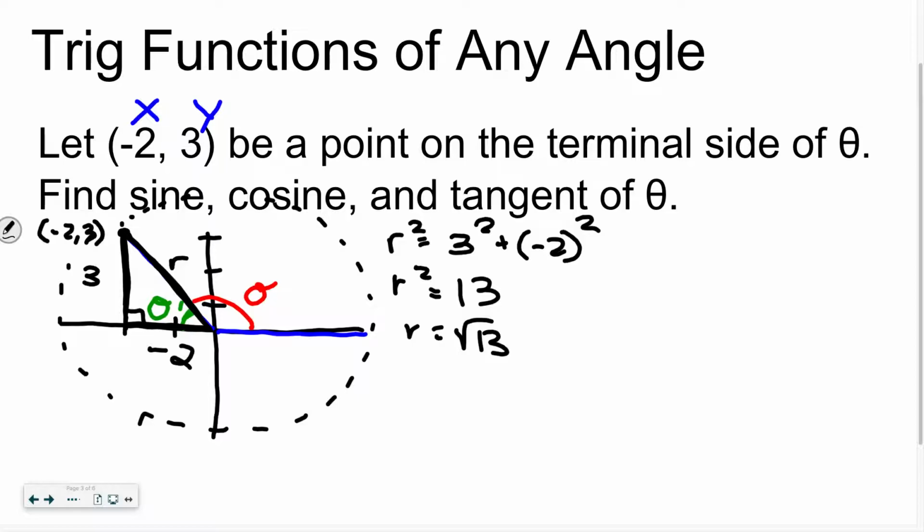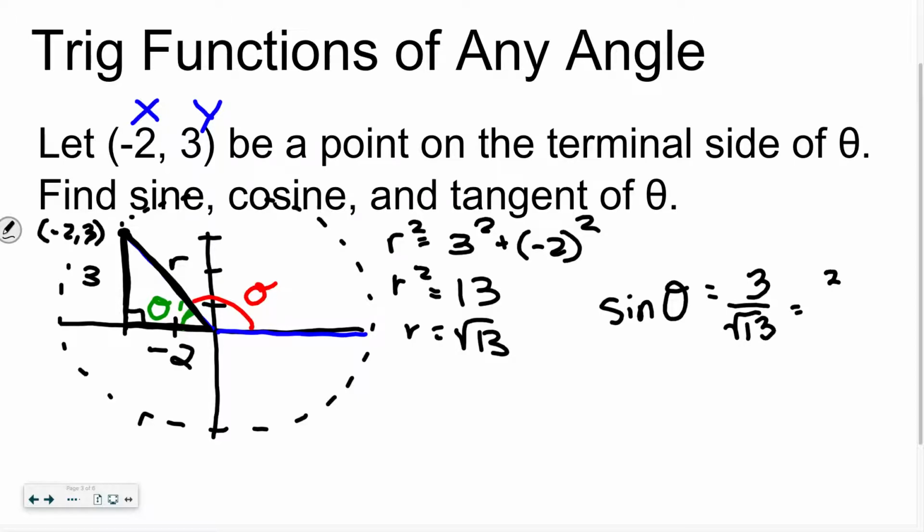On the next slide, I'm going to give you a definition, but just by right triangle trigonometry, if we're looking at theta, which is really theta prime, the sine is opposite over hypotenuse. So 3 over square root 13.